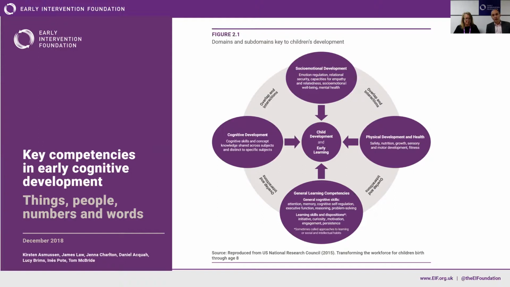So what I'm trying to show you here is that balance between a really important focus on language and communication as a key factor for children's development, as part of a broader approach which looks at a balanced system in the early years that takes account of other domains, including socio-emotional development, physical development, and general learning competencies. That balance between language and communication and the broader ambitions of the early years system are really important as part of this challenge process.